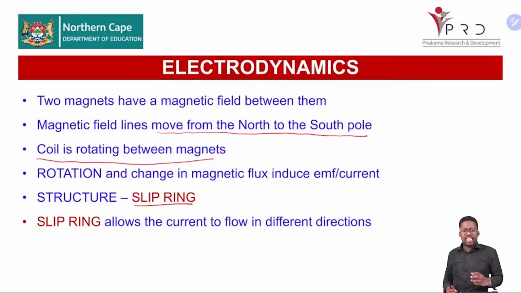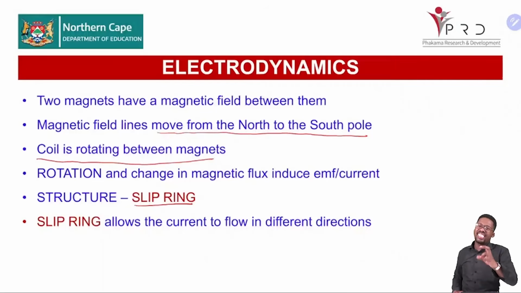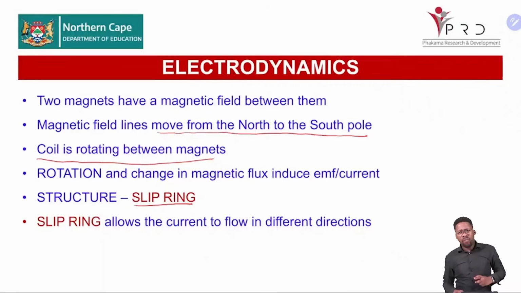So the slip ring is the one that gives the name of AC generator, because AC stands for alternating current. For us to have the change in current, we must have this component called a slip ring.